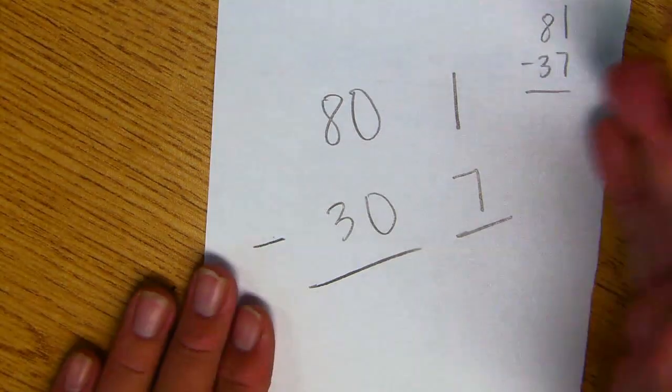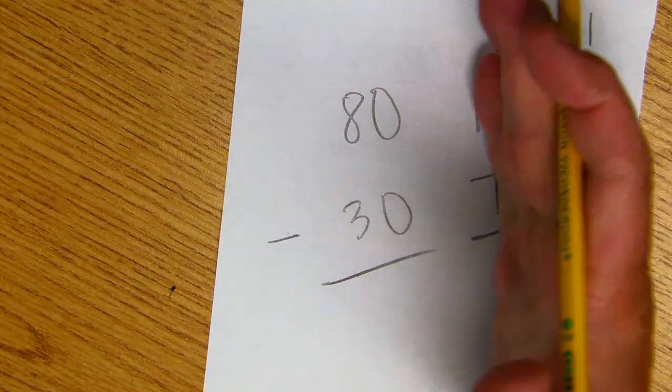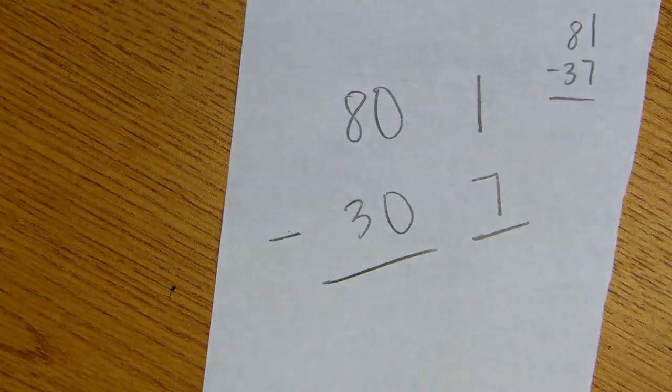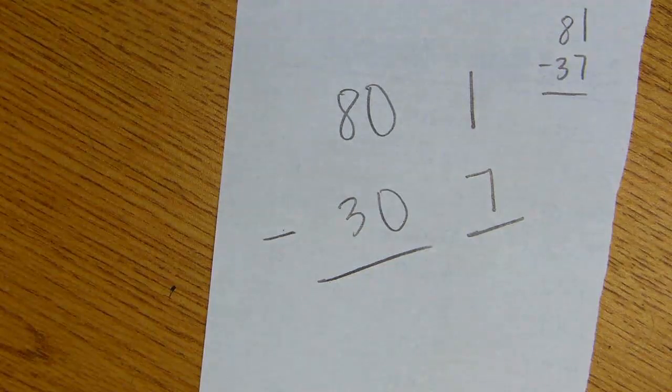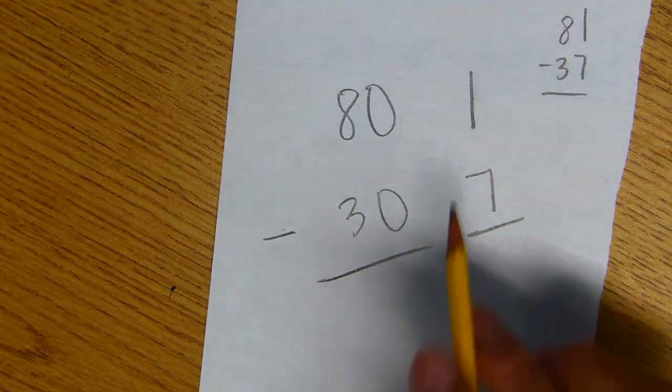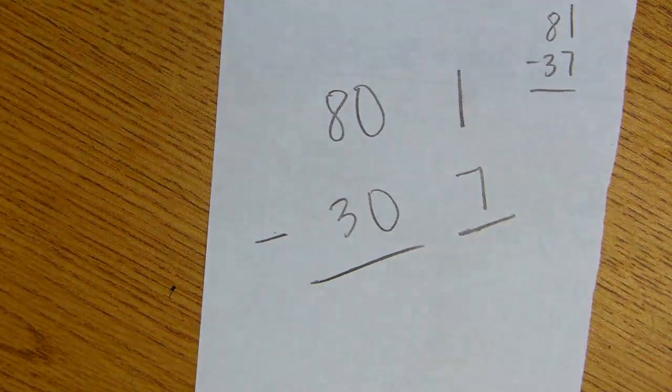You want to start on the right side and go to the left, right? You start with the ones place and then go across. Uh-oh, I can't take away 7 from 1, right? Somebody only has $1. Can I take away $7 from them if they only have $1? No, they don't have enough.